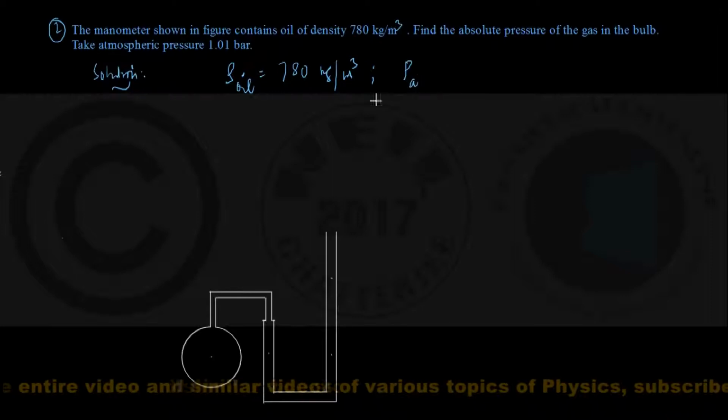So, I write down the information given here first. That is for the manometric liquid density. Let me take the symbol for that as rho oil, equal to 780 kg per meter cube. Also, atmospheric pressure, symbol for that is capital P with a subscript A. That is 1.01 bar.